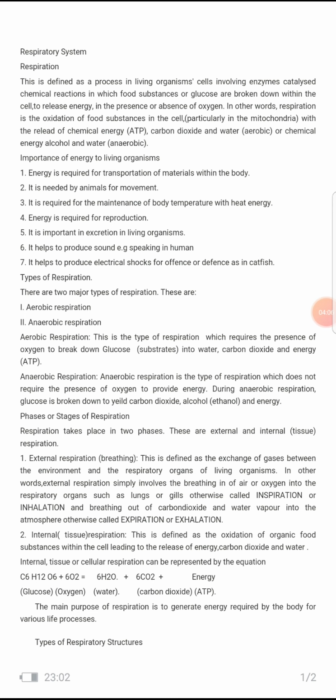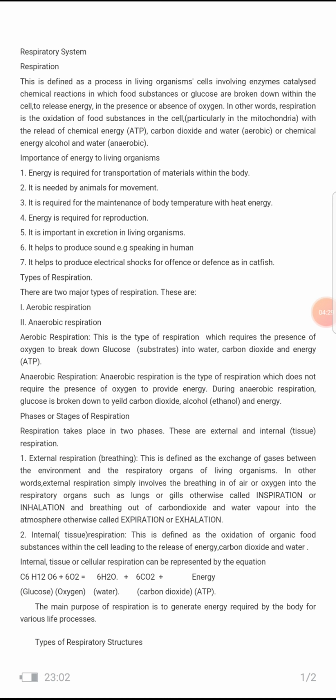In other words, external respiration simply involves the breathing in of air or oxygen into the respiratory organs such as lungs or gills, otherwise called inspiration or inhalation, and breathing out of carbon dioxide and water vapor into the atmosphere, otherwise called expiration or exhalation.